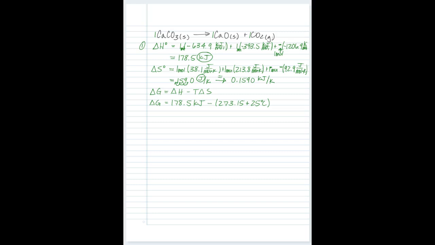So we multiply that times our delta S, which is 0.1590 kilojoules per Kelvin.